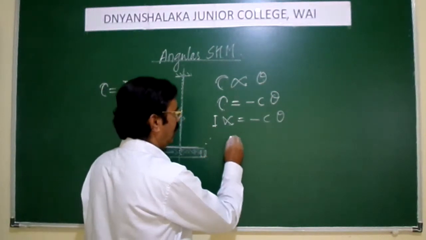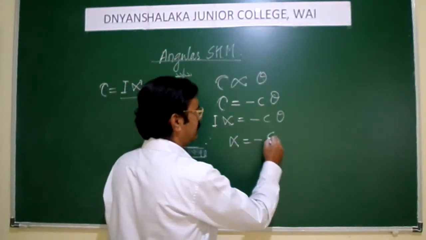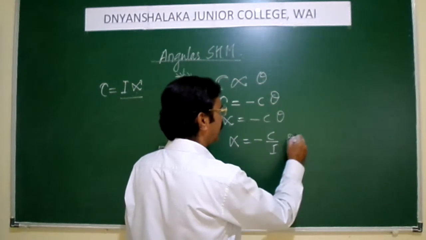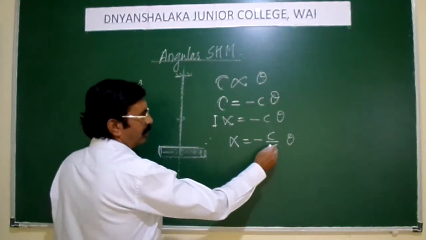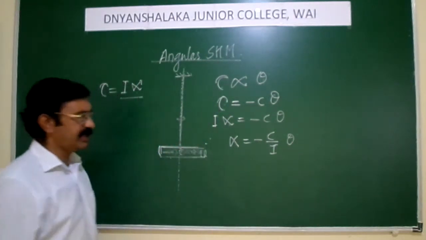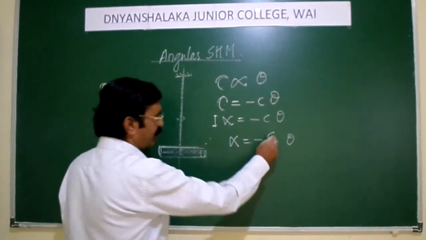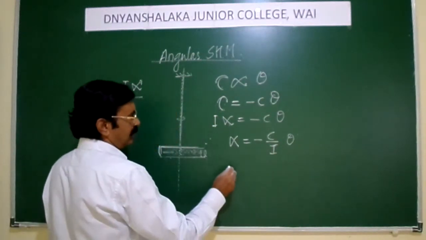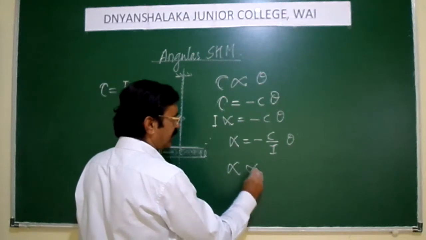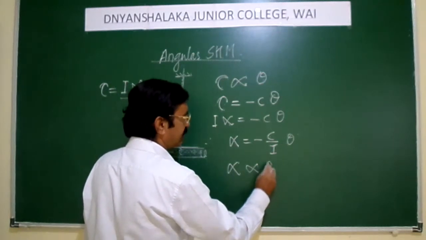Therefore, alpha will be equal to minus c upon I into theta. The moment of inertia of the given disk is constant, so c upon I is constant. So alpha is directly proportional to theta.